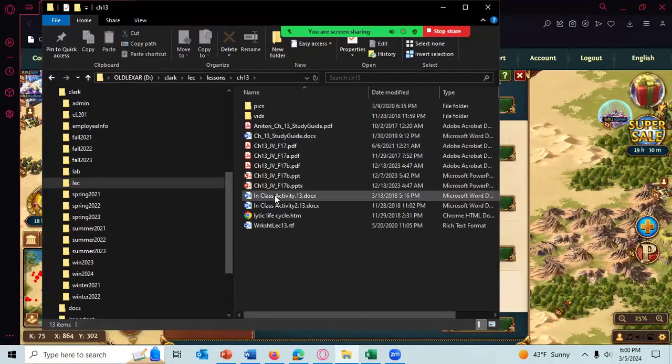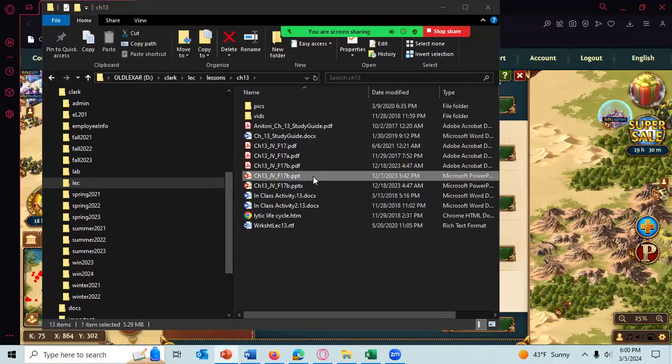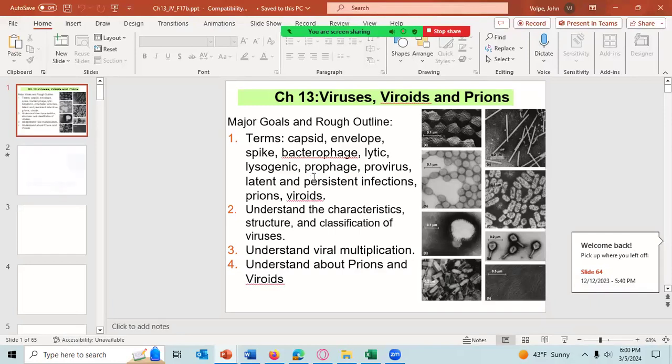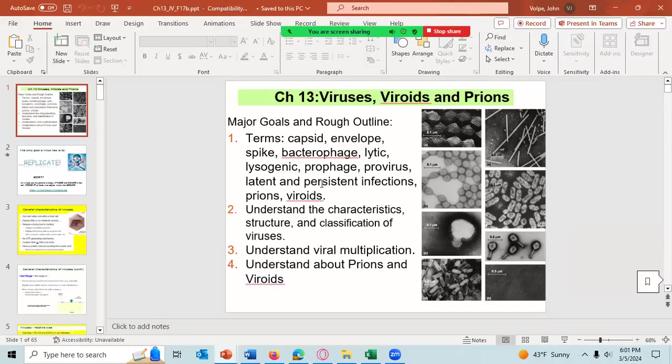Chapter 13 is viruses, viroids, and prions. There he is, just a little slow here. This slide is showing you the major goals and rough outline. Know the terms always. If you want to know all the terms, you should get the terms from the objectives, not from here. These are just the major terms.